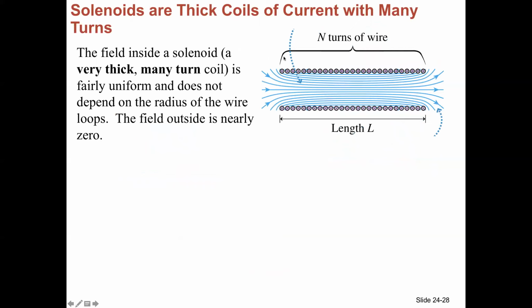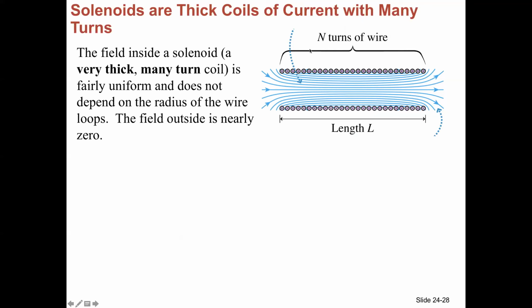So it's where we have lots and lots of loops, and they take up some distance L. And if you get a lot of loops, the field inside eventually starts becoming constant and uniform. The difference here is that once you have a lot of loops, the field you get inside really stops depending on the radius of the loops.